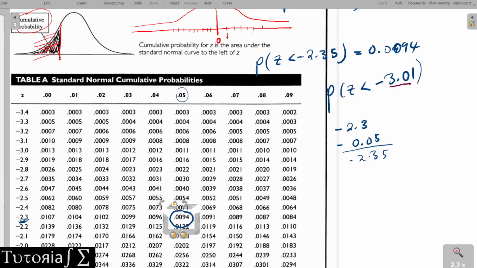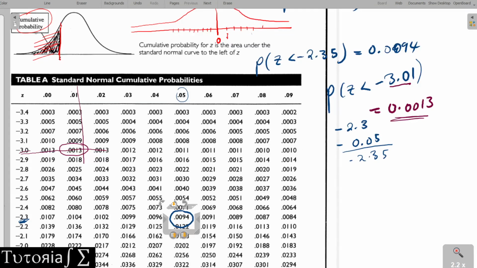Negative 3.0 is here and 0.1 is there, so we just match like that and like that, so our answer is 0.0013. Okay, so that is how you find probabilities using the normal distribution tables.